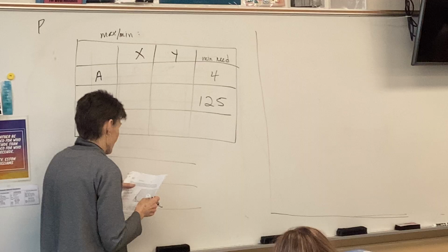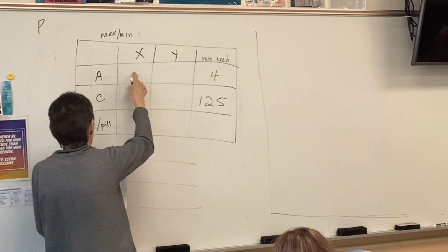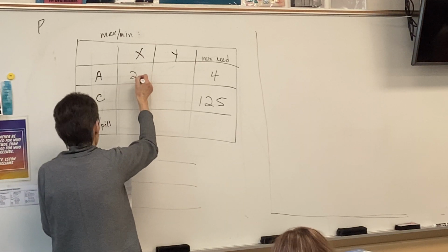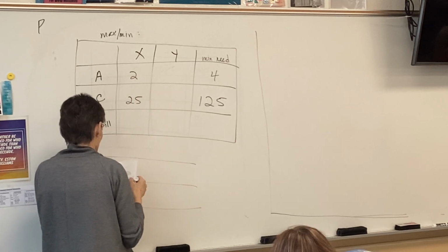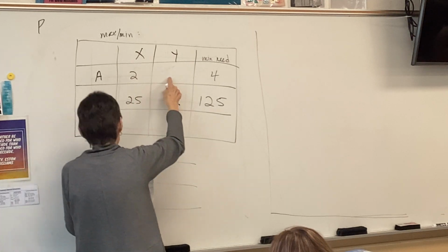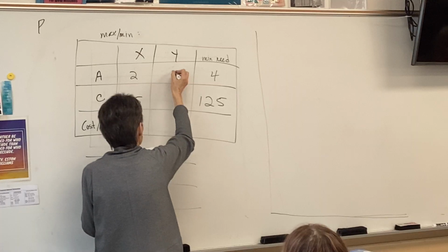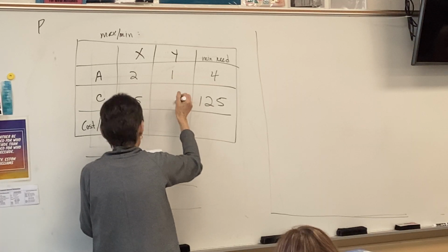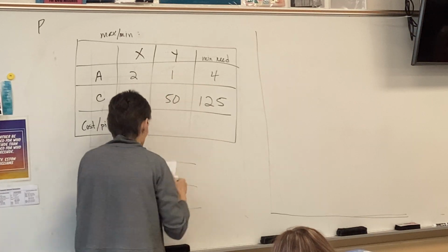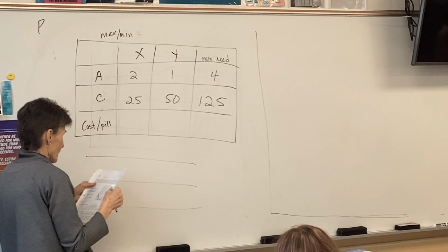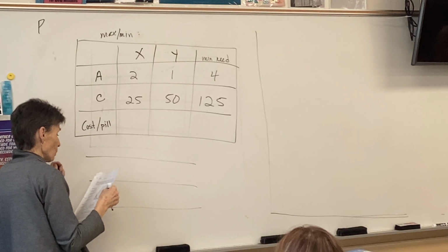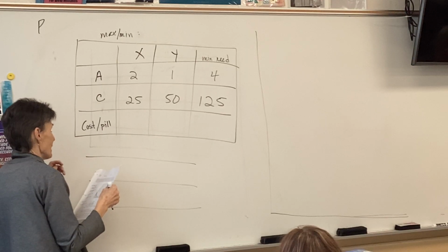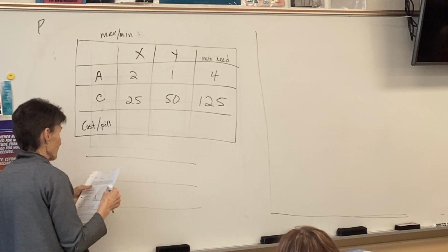Brand X gives 2 A's and 25 C's. Brand Y gives 1 A and 50 C's. How many pills each time should it take to meet the minimum requirement in the most economical way?